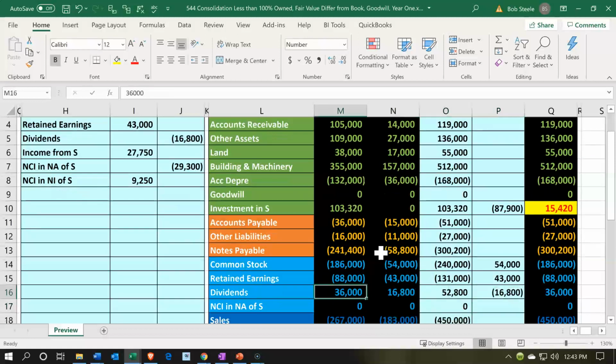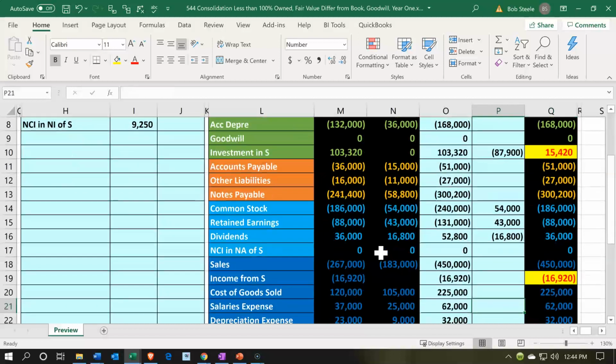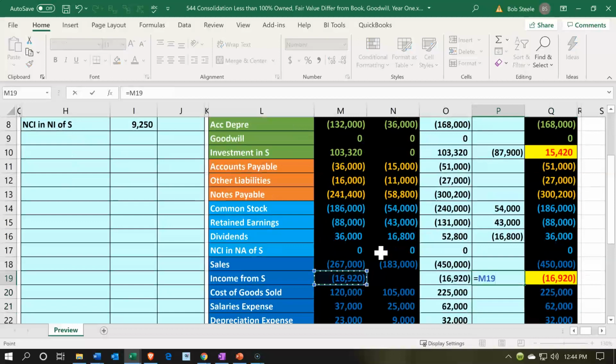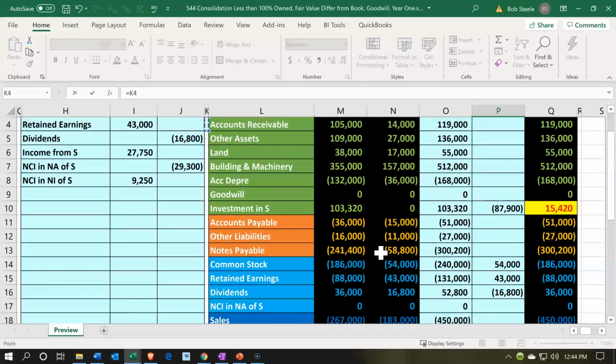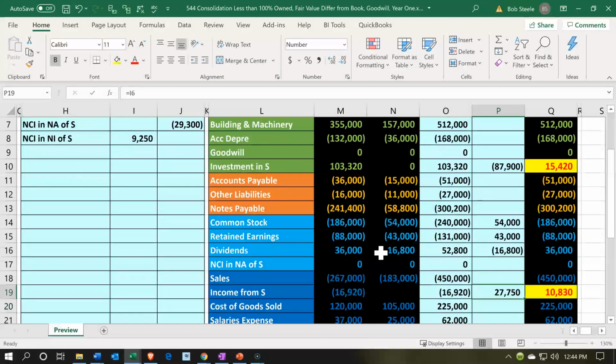So then we had P's and S's total minus S back to P. Okay, so then we're going to go to the income, standard procedure down here on the income, except it's not going to go down to 0 because we didn't take into consideration the changes to the income due to depreciation and the goodwill loss. So I'm just going to take our proportion, which is the 75%, the 27,750, which actually results in a debit balance. That's okay. That's going to go to 0 at the end of the day, hopefully.